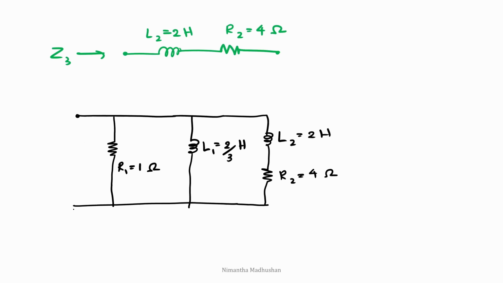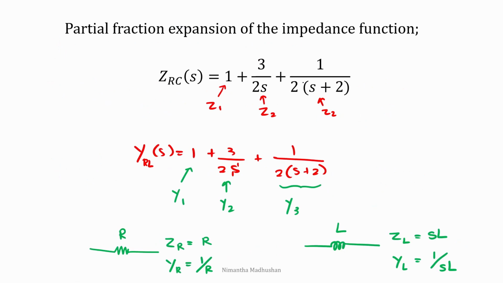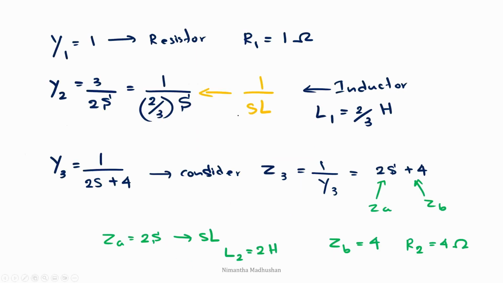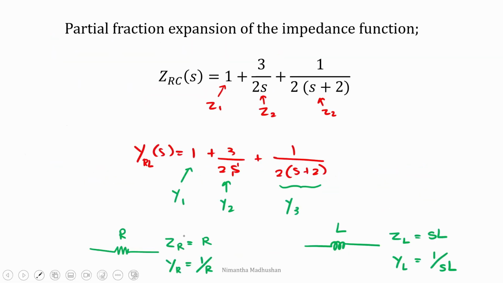We can obtain the final admittance value using these 2 points, Y_RL. This is the final circuit diagram that is represented by this admittance function. I hope you are all clear about that explanation.